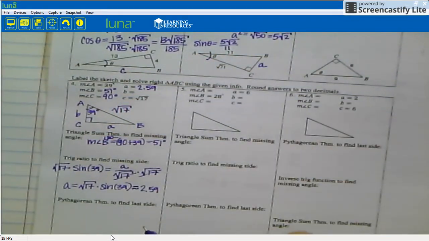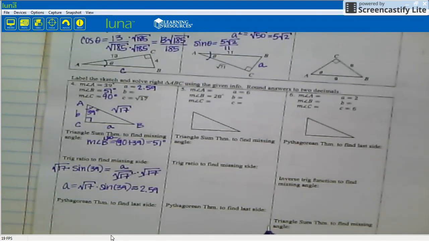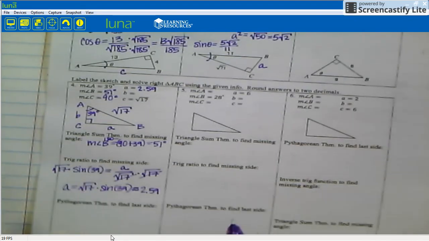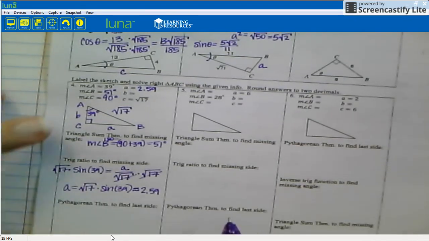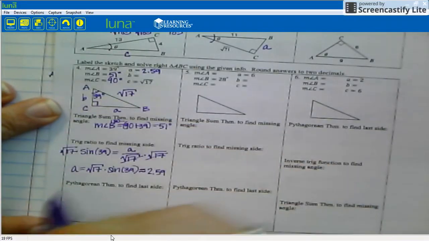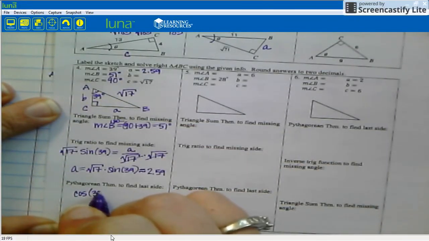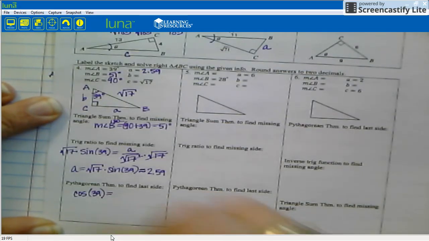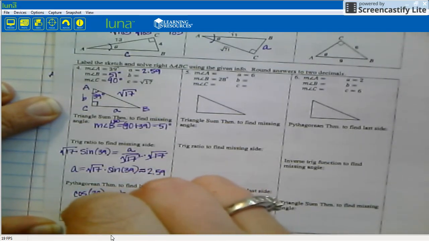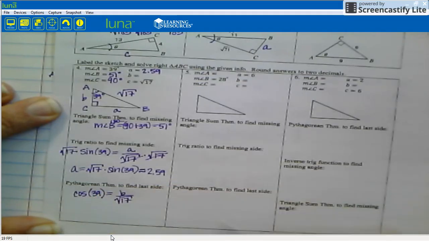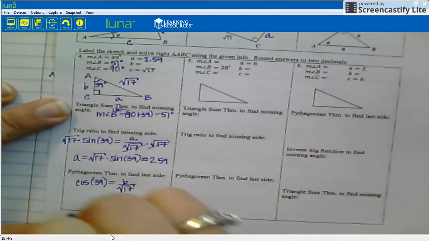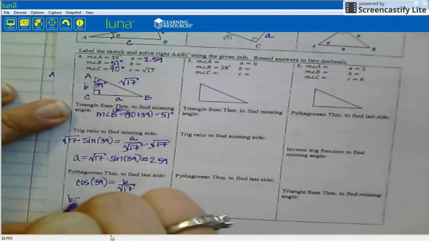So from here, I can use the Pythagorean theorem to solve for my remaining third side, since now I know 2 sides, or I can use another trig function to find the last side, because I know that the cosine of 39 is equal to my little b over my hypotenuse. So it's an almost identical setup, except you're using cosine instead of sine.